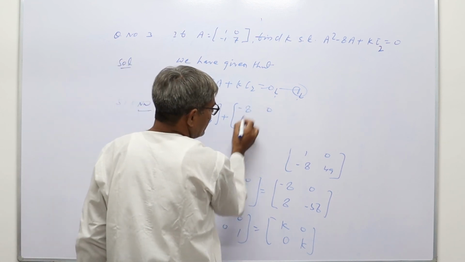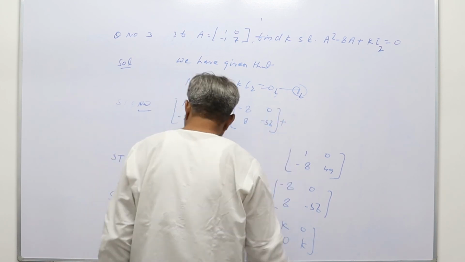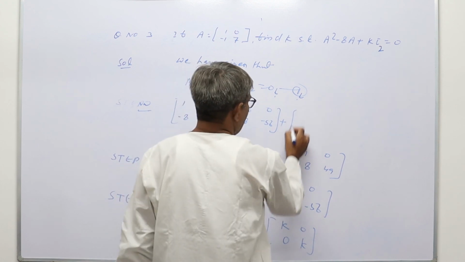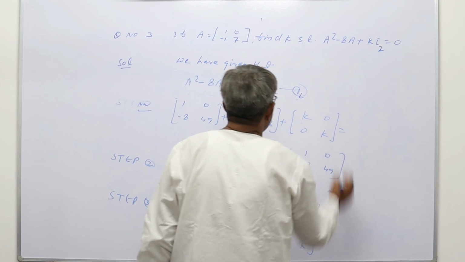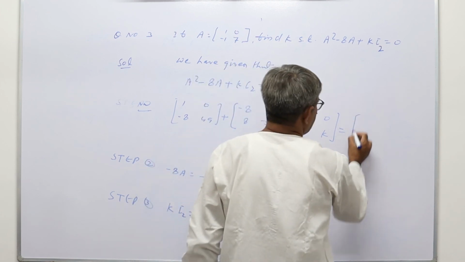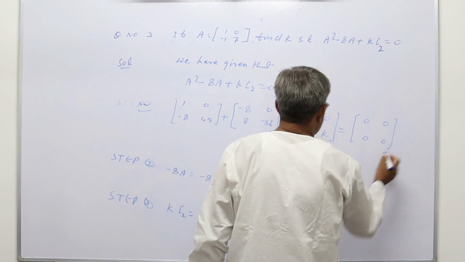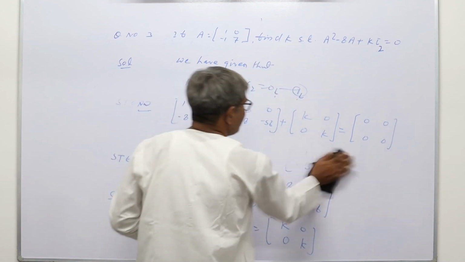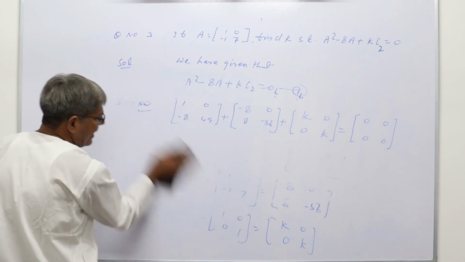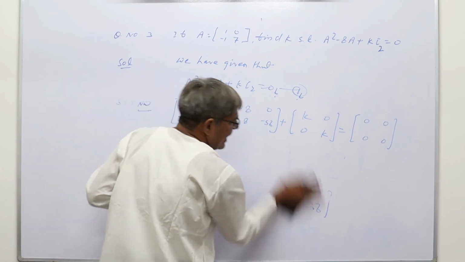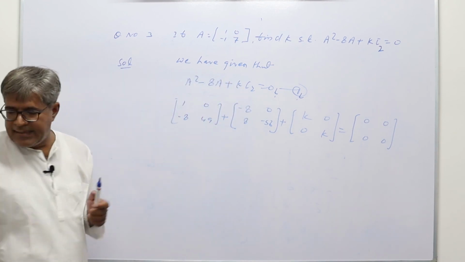Minus 8, 0, plus 8, minus 56 plus KI2, that is K, 0, 0, K. And the right hand side is 0, that is the 0 matrix of order 2 by 2. Now first we will solve the left hand side, then we will equate the corresponding elements by the equality of matrices.